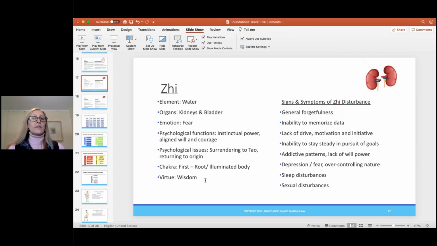Psychological issues: surrendering to the Tao, right? Returning to the origin, forgetting. When the Zhi gets disturbed, it's because you forget. We forget that we're part of the ocean of oneness, the universal, whatever that thing is that really binds us all together.